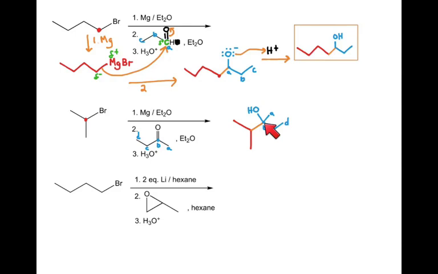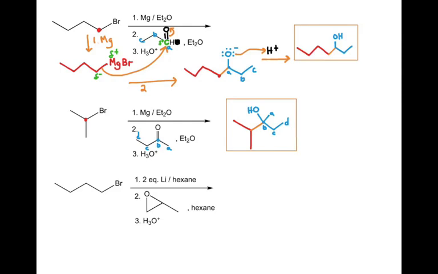So this new bond is here, the nucleophilic to the electrophilic, and that new bond is shown in orange. And our electrophile has A, B, C, and D, and the carbon that was the carbonyl becomes an OH. And again, that is our final product for our second example.